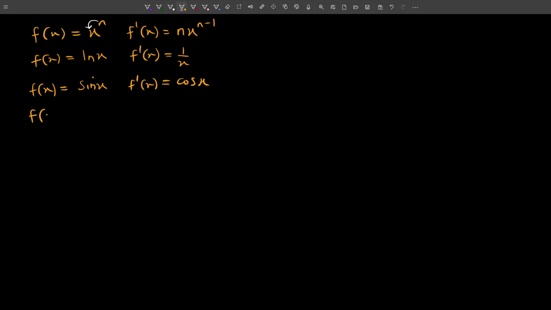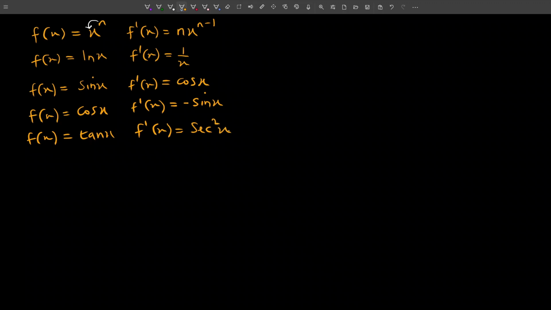We're given a function cos x, the derivative of the function with respect to x will be equal to minus sin x. Also, we're given a function f equals tan x, then the derivative of the function will be equal to sec squared x.